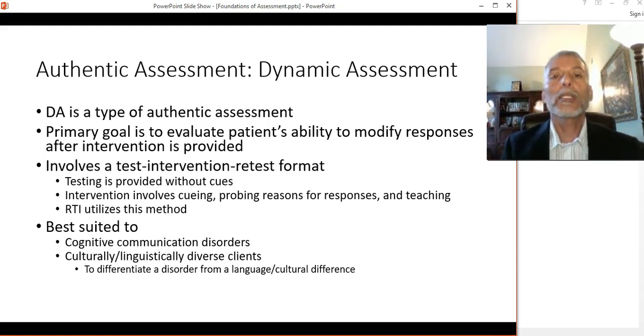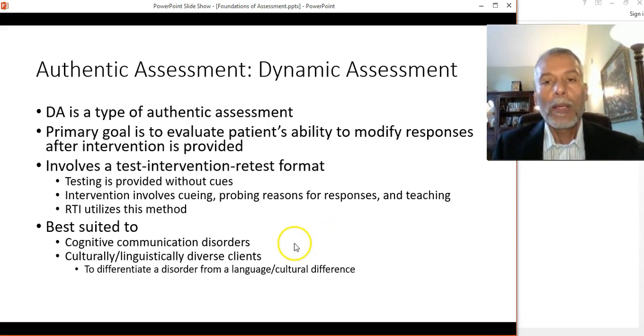So some of the purposes that authentic assessment is used, and there are tests that are sold called dynamic assessment or ethnographic assessment. They give you the directions on how to do that and how to analyze and so on. But they're not used as frequently.